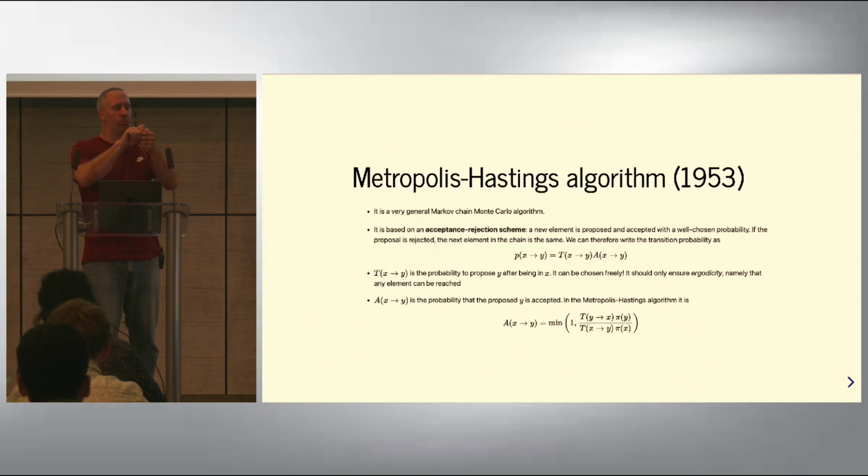So it can be move the pebble to the neighbor, move it somewhere else, take a mirror, take whatever you want. This is your proposal. Okay? You're free to do this.